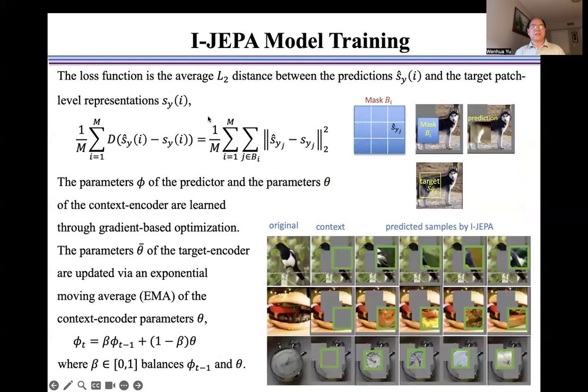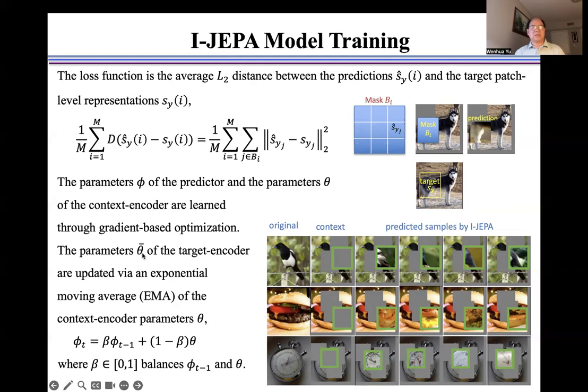The loss function is the average L2 distance between the predictions sY caret i and the target patch-level representations sY_i, as shown here and explained in this figure. The parameters phi of the predictor and the parameters theta of the context encoder are learned through gradient-based optimization.